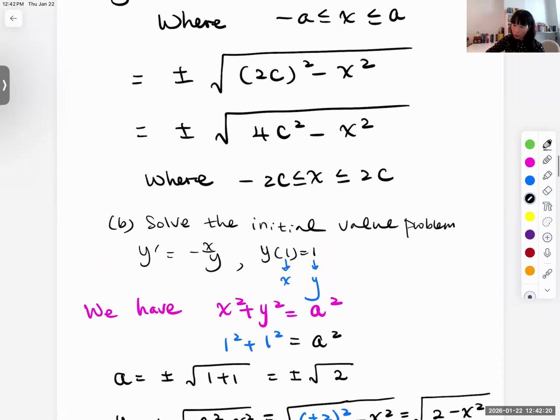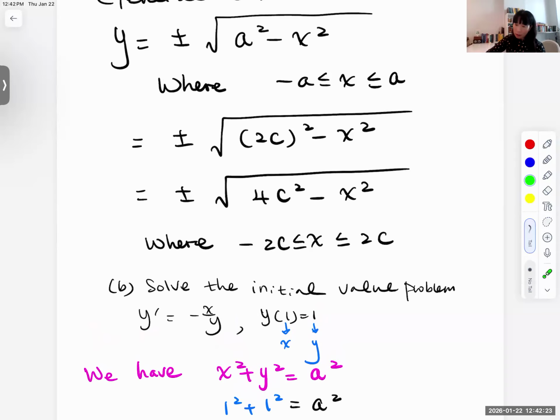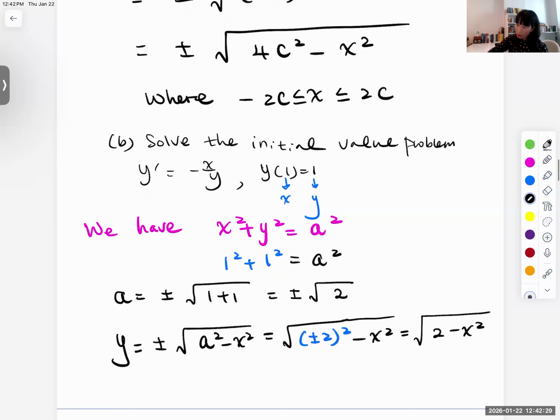And then we knew that x is between negative a and positive a, so where x is between negative square root 2 and positive square root 2, right?